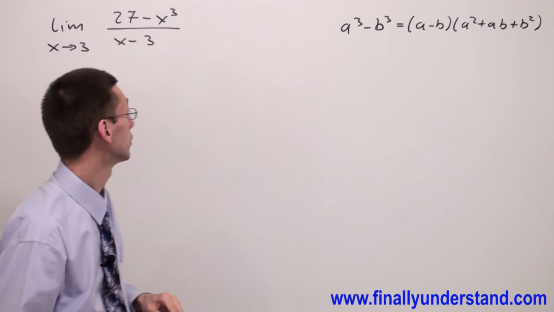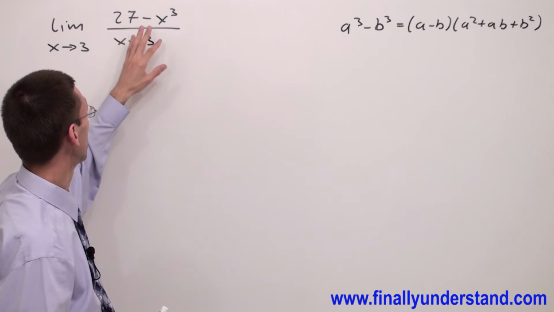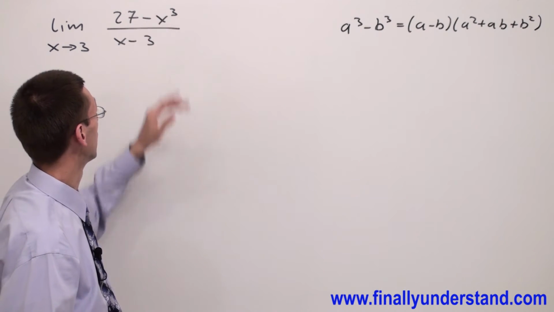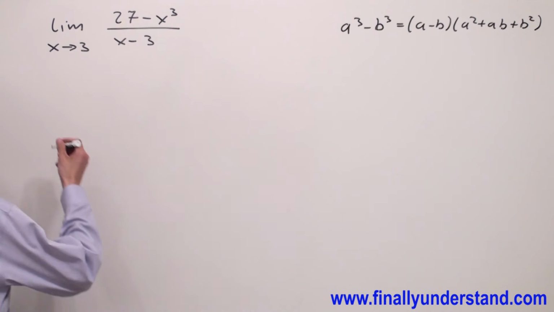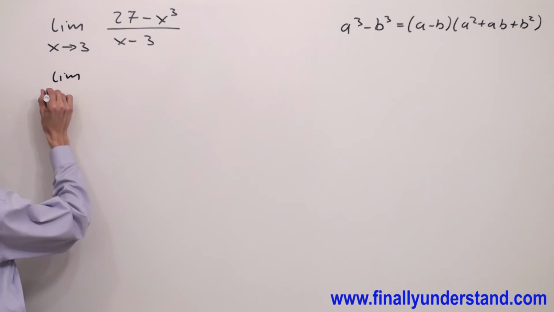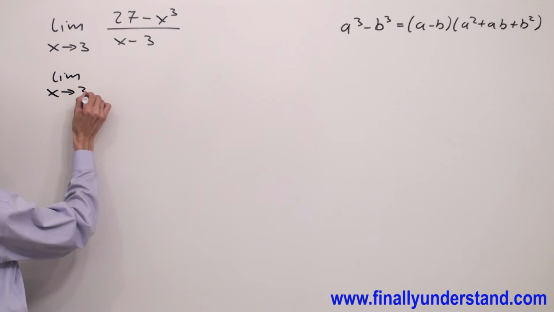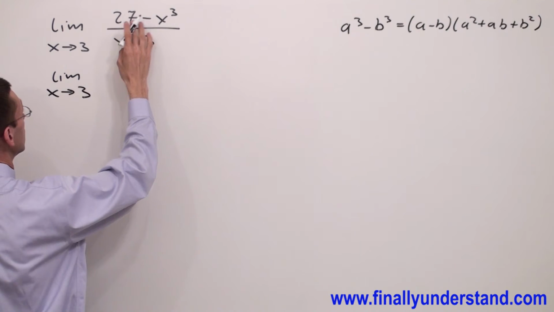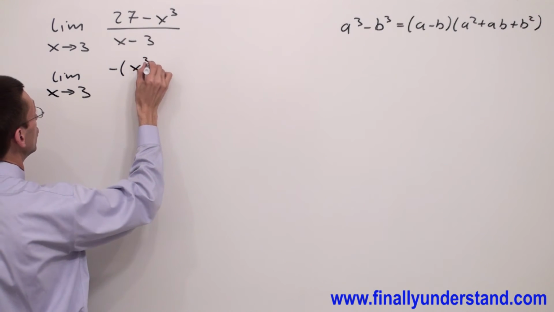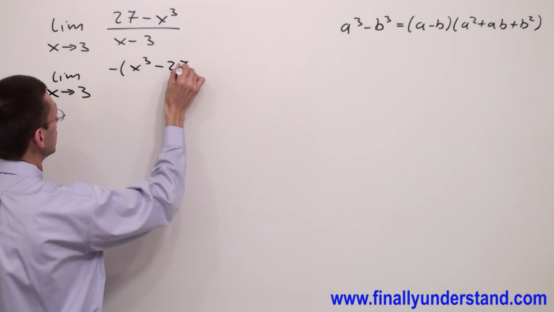Remember I said I don't like having x's somewhere in the back. I prefer to have them at the front. So what I'm going to do, I'm going to rewrite this function and simply write limit x approaches 3, and I'm going to factorize negative sign, and I'm going to have negative x cubed minus 27.